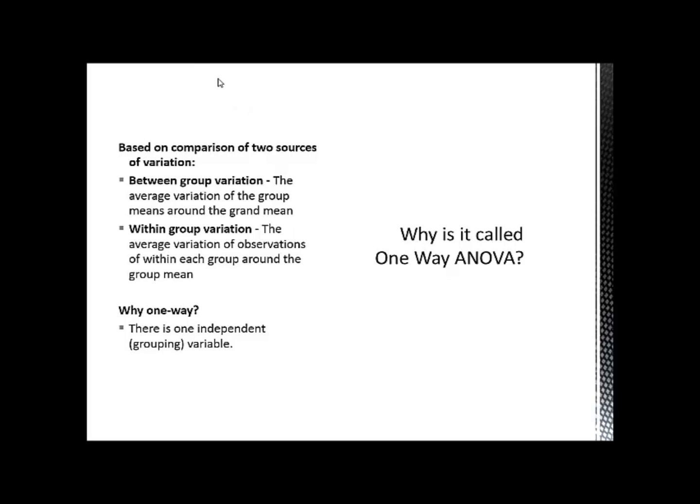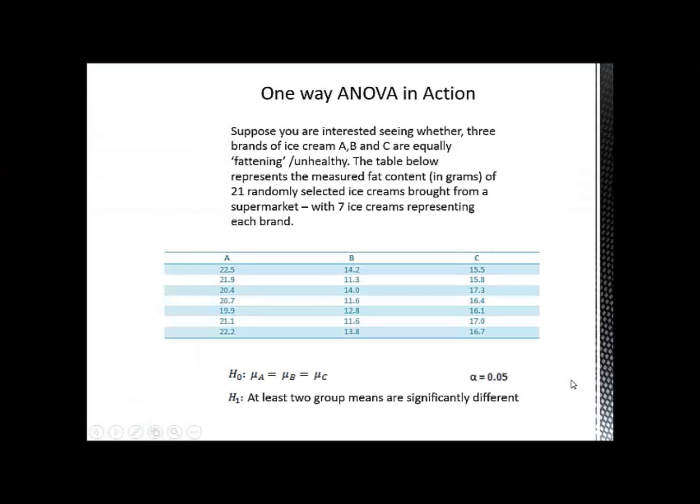The between group variation tends to be due to the independent variable, whereas the within group variation is believed to be due to chance. Why is it called one way? Well, it's called one way because there's only one independent variable, so it only has one grouping dimension. Okay, so here I'm going to go through an example to show you how one-way ANOVA is applied in practice.